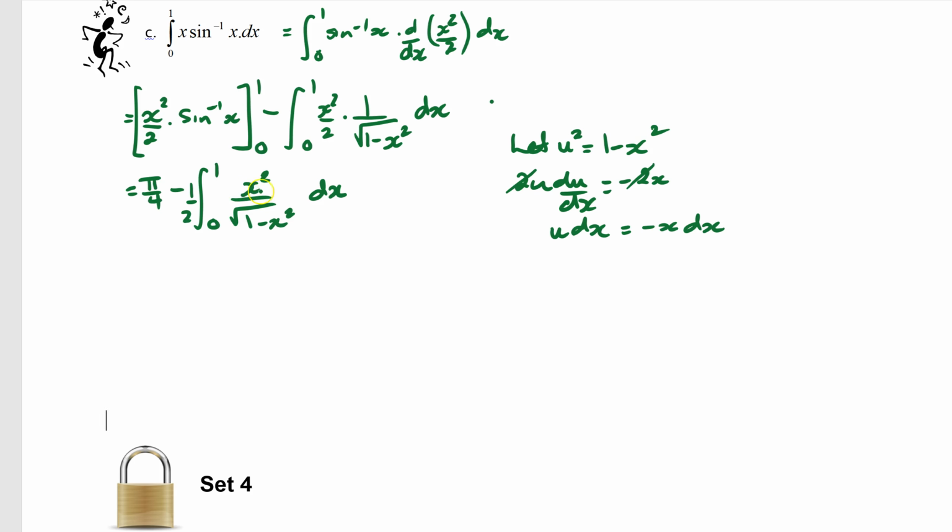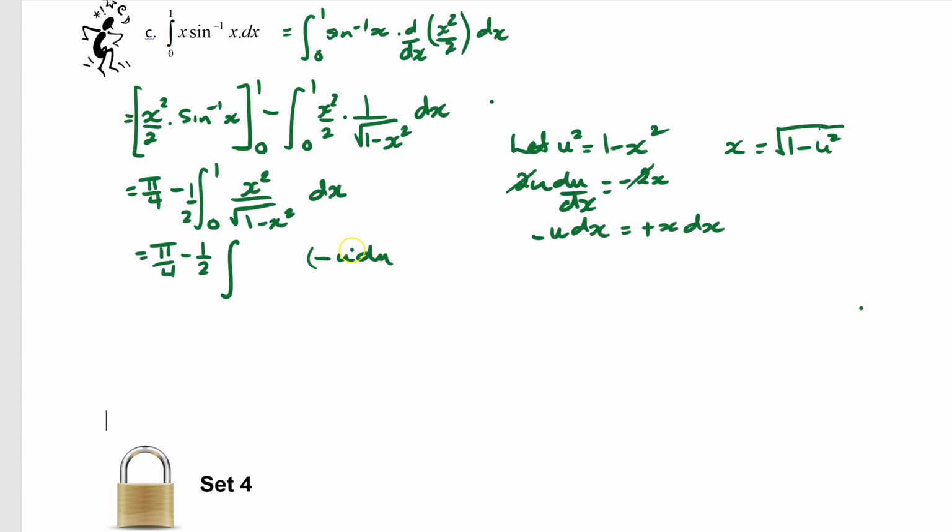But because I don't have the minus over here, if I make that a plus and that a minus, and I come back to my equation over here, being careful not to lose that pi on 4 or the half anywhere, and remembering I'll have to do something with these limits in a moment, then in here, my x squared dx, if I can take x dx of that and replace it by minus u du, and the x that's left up the top, well, from this I get that x squared equals 1 minus u squared, so x is square root of 1 minus u squared.